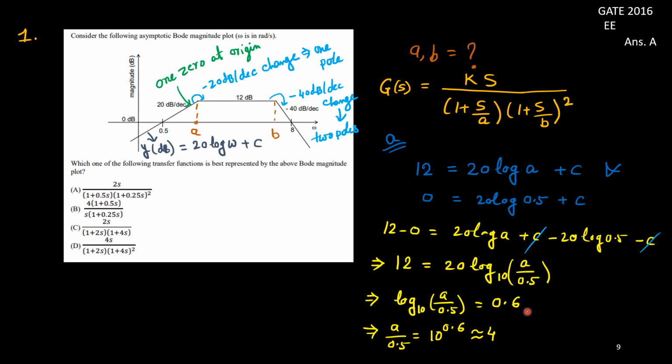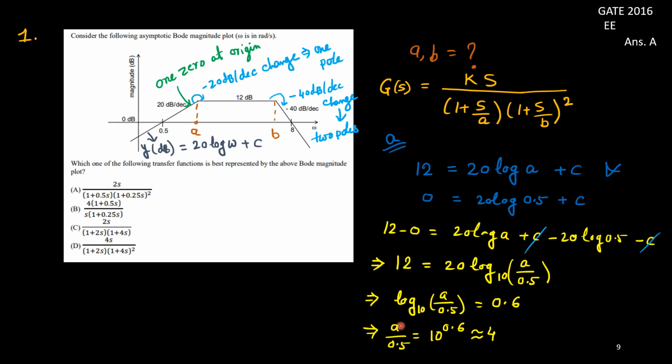Okay, so 0.3 double is 0.6. That's how 2 square is 4. So this 10 to the power 0.6 equal to 4, that you should remember. 10 to the power 0.3 is equal to 2. 10 to the power 0.6 equal to 4.